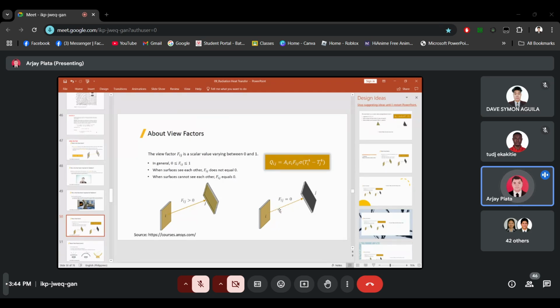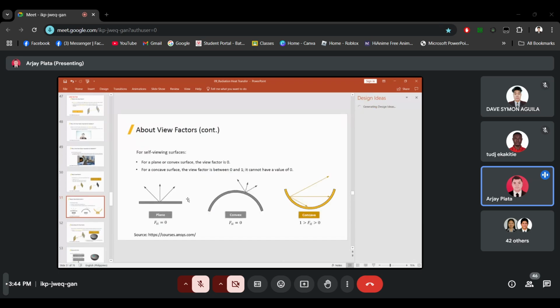When surfaces do not see each other like this one, Fij is equal to 0. For a plane, they cannot see each other, so Fii is 0. Same as convex, there's no other surface to see, so Fii is 0.